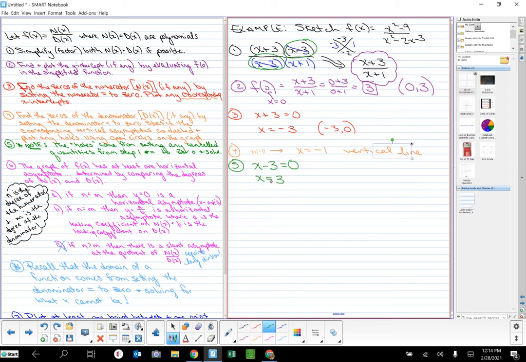Now, what you do with that, I didn't really explain this part, is we now plug this value into the simplified equation from step 1 to find the y value.